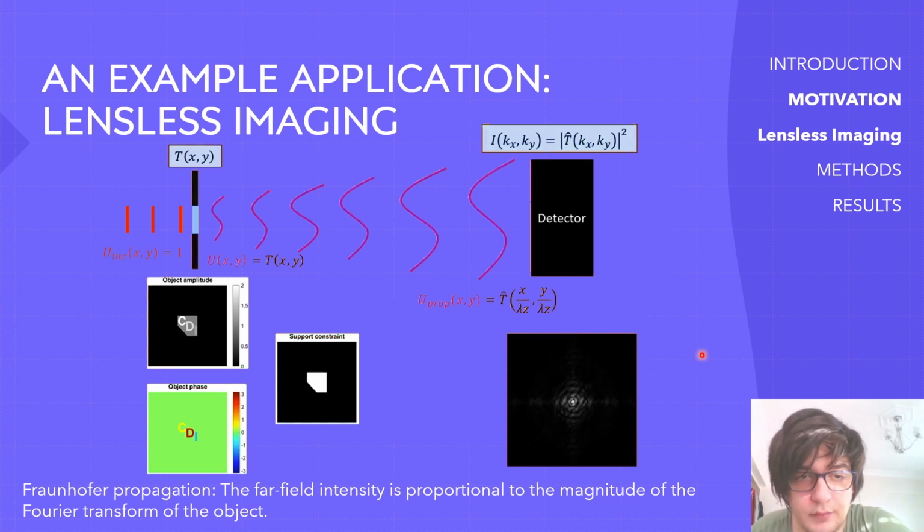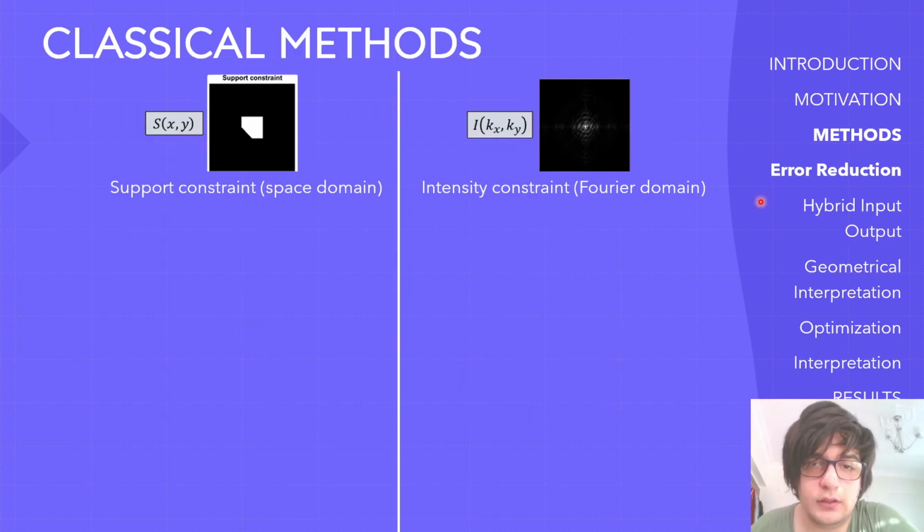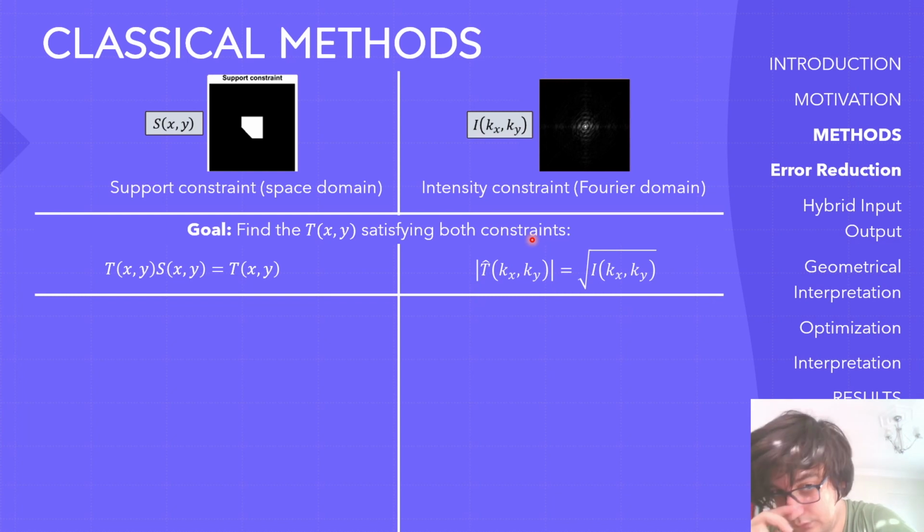So we know the support constraint, and we know the intensity, which is the squared amplitude of the Fourier transform of the transmission function. We want to find the transmission function using these two known constraints, the support constraint and the intensity constraint, finding the transmission function satisfying both.